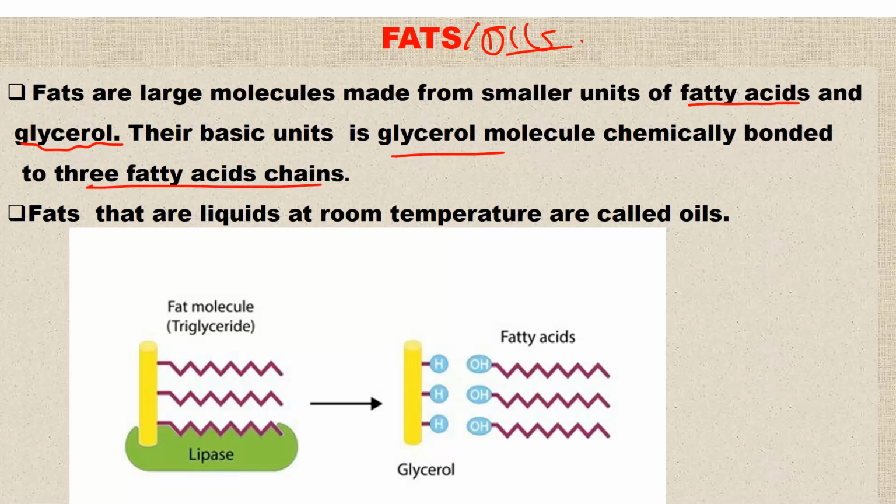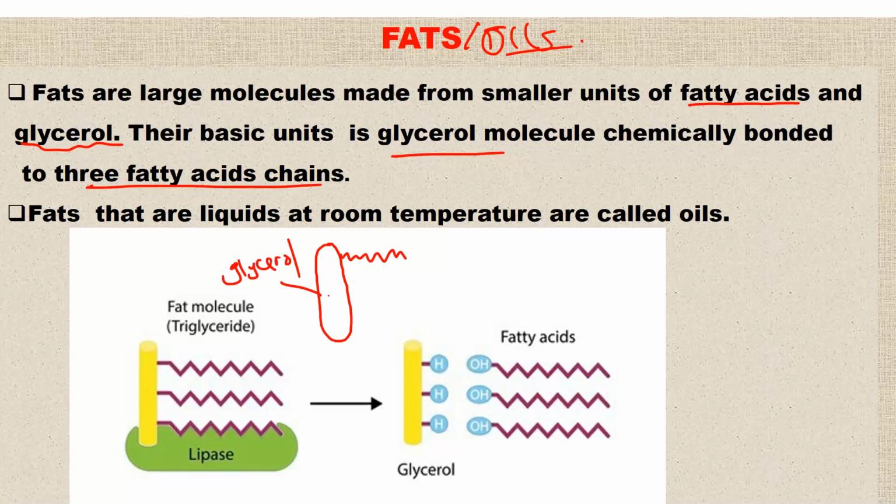Like we've already said, fatty acids and glycerol make up the fats. They are the basic units. Now, fats that are liquid at room temperature are called oils. So an example of a fat molecule is this one that you're able to see. This yellow part that you're able to see is the glycerol, in case you find the diagram.